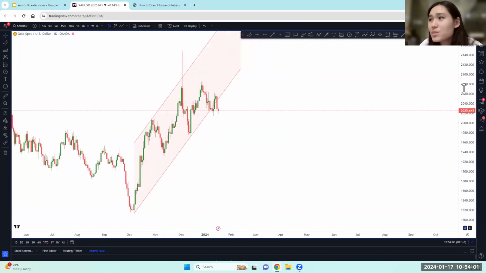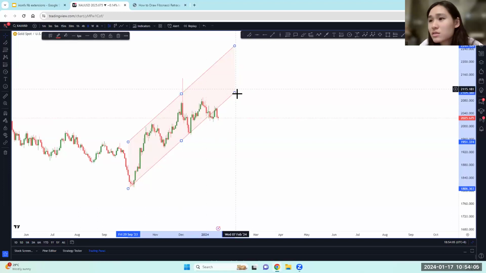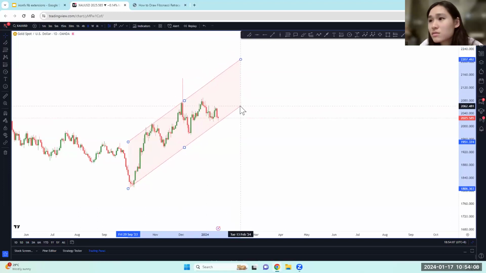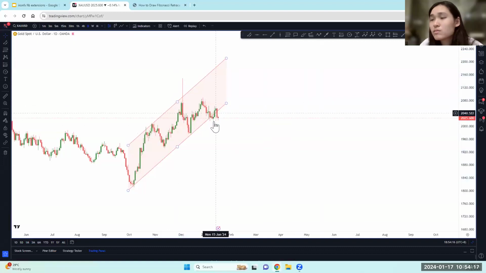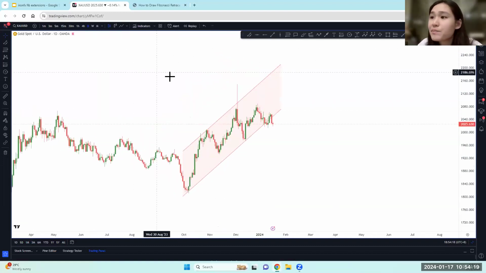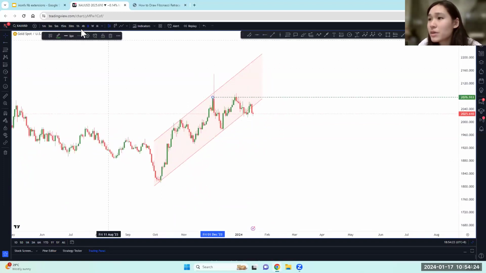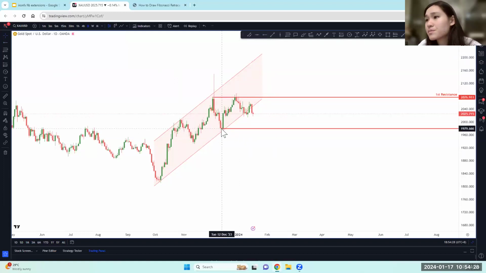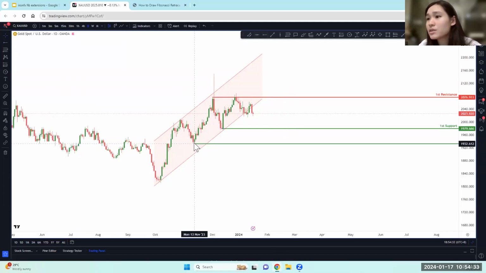I think we can see price breaking out of the trend channel. We might see it break out a bit. Let's go in really quickly with some levels. This is our first resistance, our first support, and our second support.